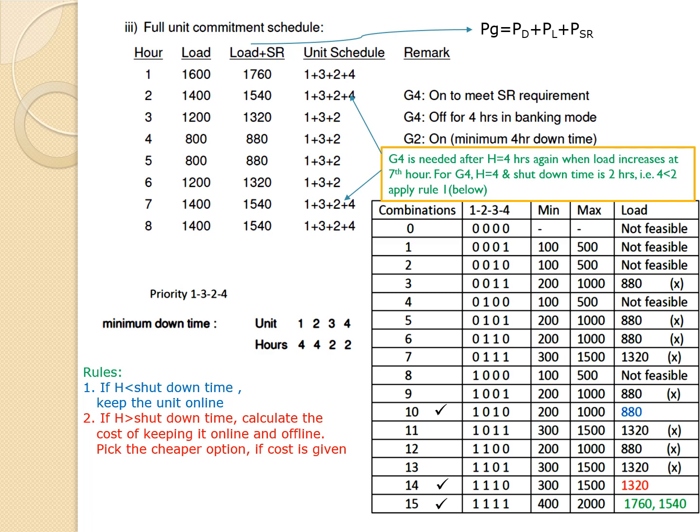With 2000 megawatt and all the 4 units on, we can meet load plus SR demands of 1760 and 1540, wherever they occur. So in the 15th combination, the feasibility is that 1760 and 1540 load demands can be met, and this requires all the 4 units to be kept in the on state. For the 14th combination, we have written that 1320 will be met by this combination.